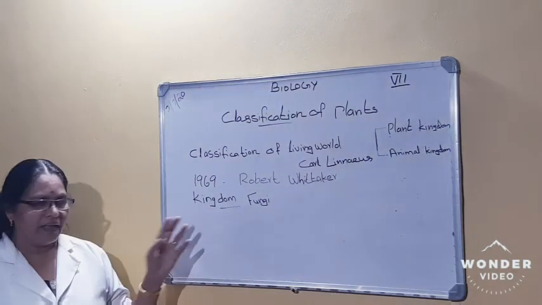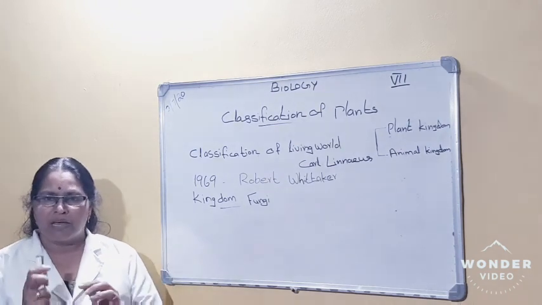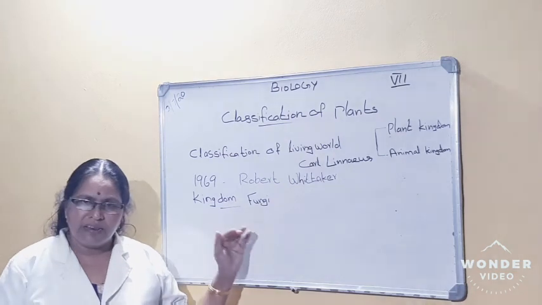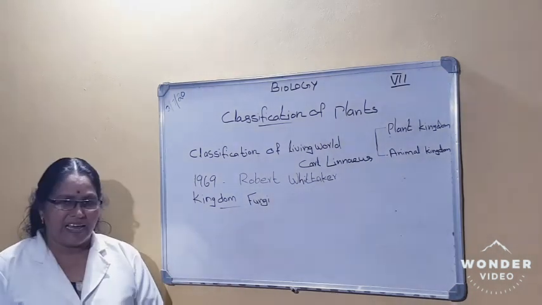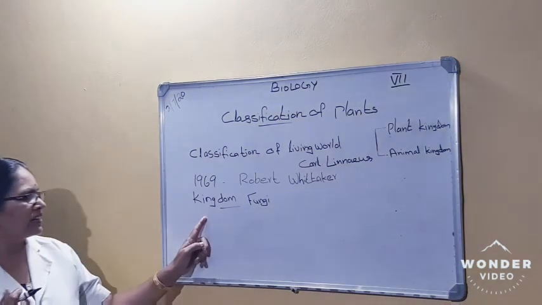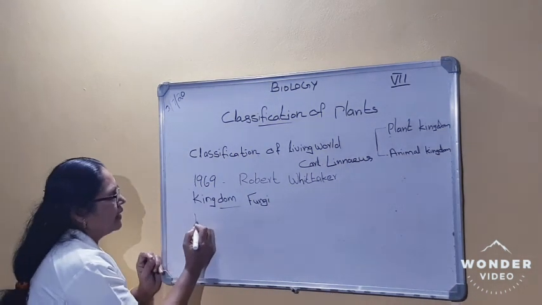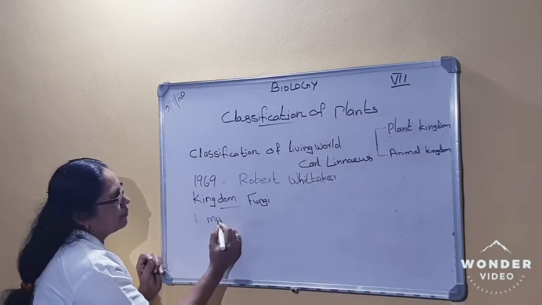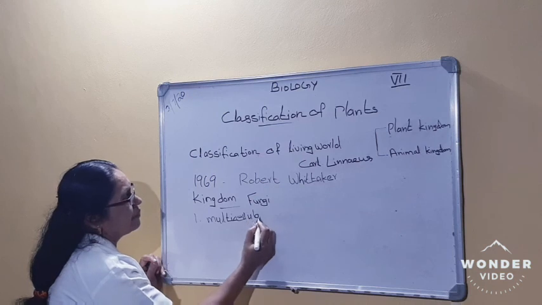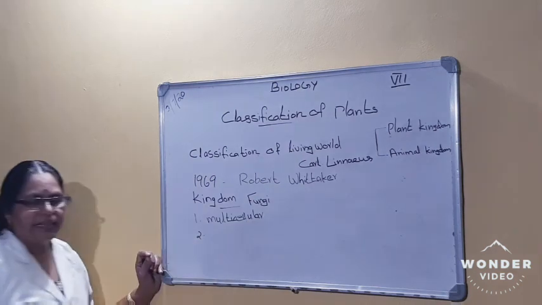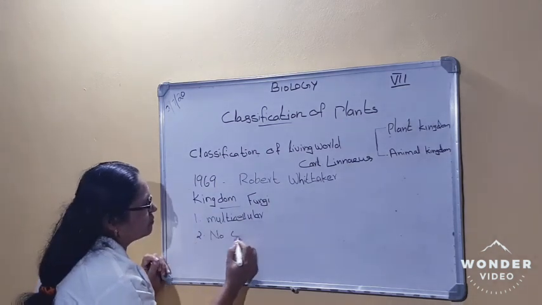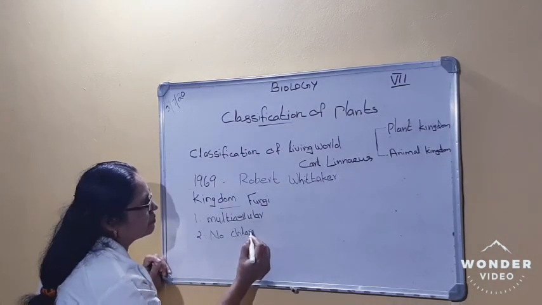Among the multicellular organisms, the simplest one has many cells but no chlorophyll. So the most important characteristics of kingdom Fungi: first, they are multicellular. Second, they have no chlorophyll. Chlorophyll is absent.